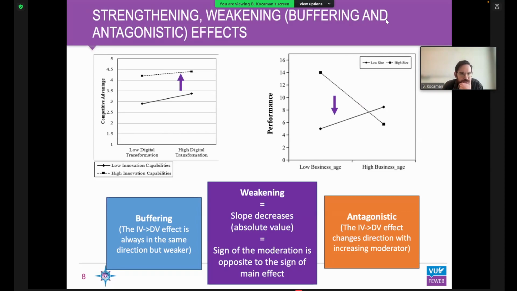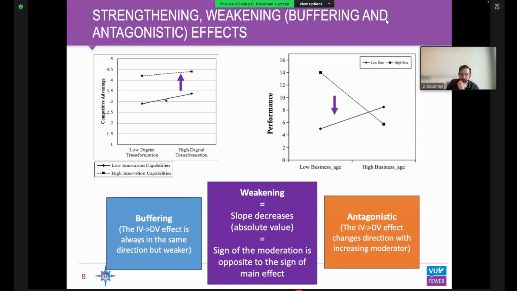Let's check the questions, because these are important to understand conceptually. In the first graph, the directions are opposite because the low effect is higher and the higher effect is lower. You mean the direction of the main effect and the moderation? Yes, because here we see a positive slope in both cases.